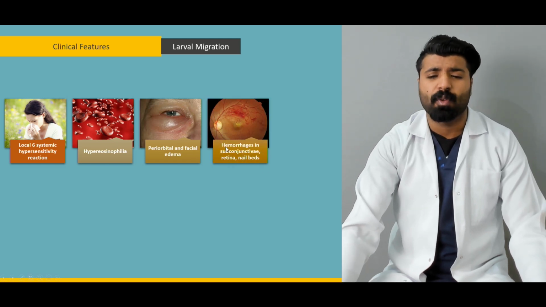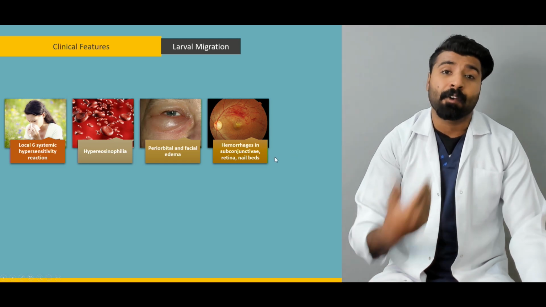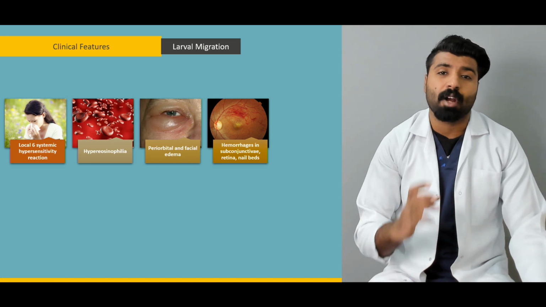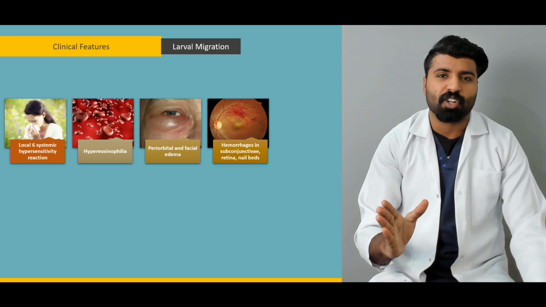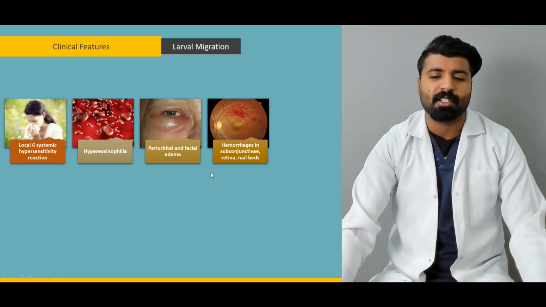Next one, you will have hemorrhages in the subconjunctiva, retina, and nail bed. I told you they can migrate even to your eyes, into the back of your eyes, and they can actually destroy these structures and lead to hemorrhages in the subconjunctiva, retina, and the nail beds.